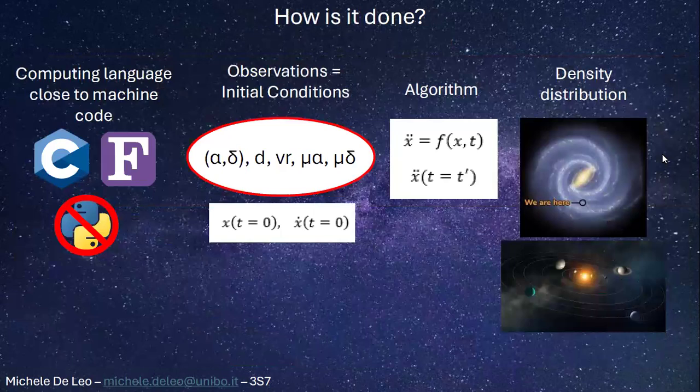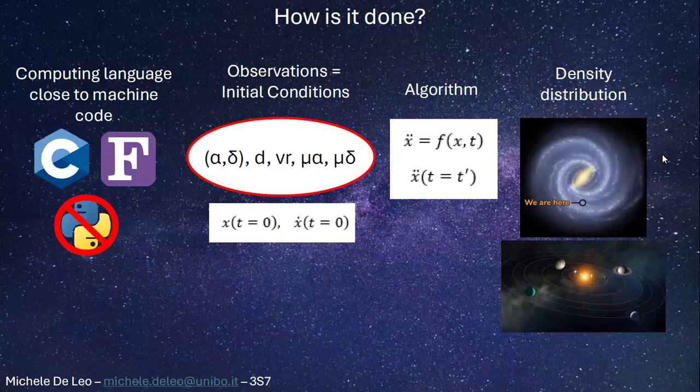And there are some things that you need to do orbital integration. The first thing is that, luckily, we don't use pen and paper anymore. We use computers, and for computing, I'm sad to say Python has widespread use, but since orbital integration involves a lot of repetitive actions, with the same equations computed over and over, computing languages that are closer to machine code are much better at it.